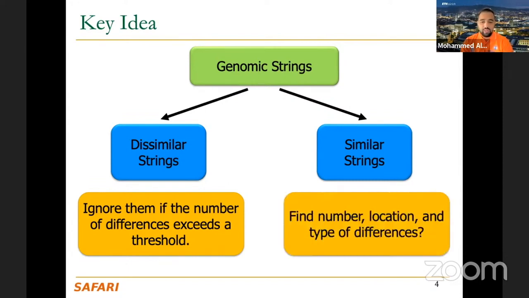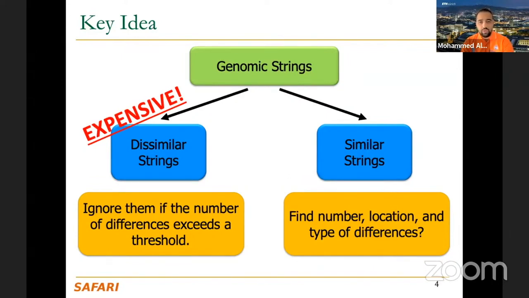If they are similar, we want to find the exact location of each edit operation, which we record in what we call a CIGAR string. A CIGAR string is a representation of the number and the location of these edit operations. Calculating for dissimilar sequences is always expensive. Why? Because we are always going to trash whatever computation we did.